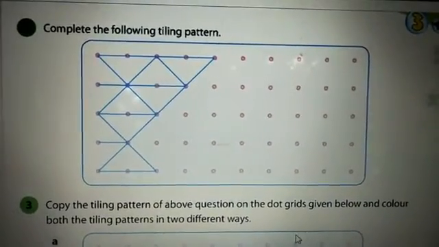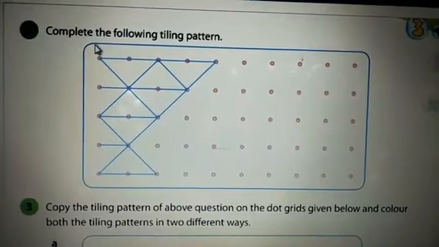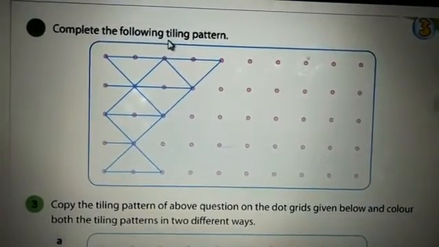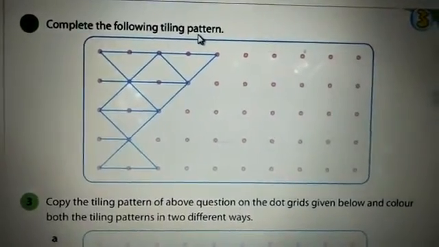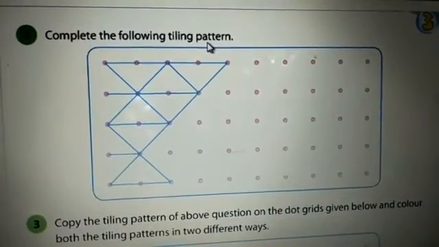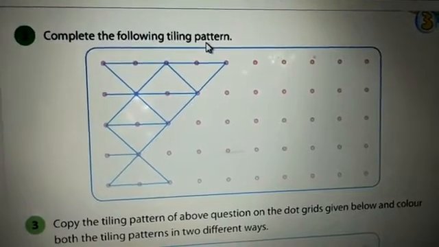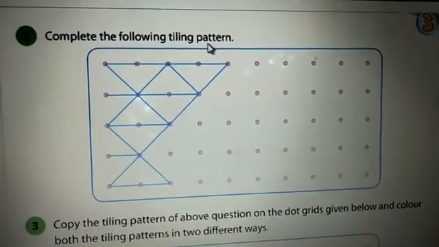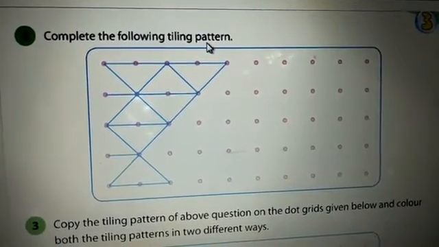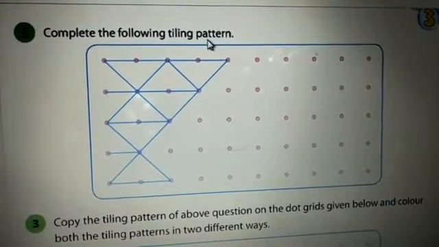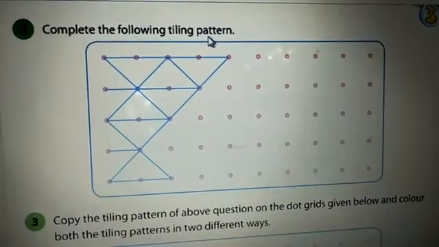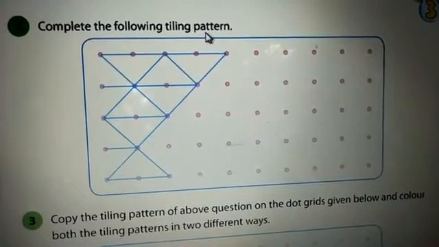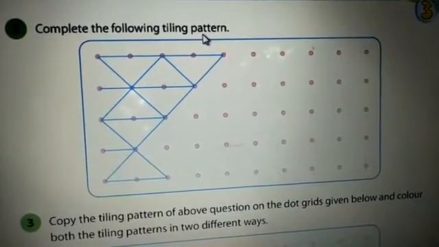This is your next exercise, children. Complete the following tiling pattern. First, I show the question, children. Next, I will show the answer also. You should try this in your maths classic note and take a snap and send it to me for correction.